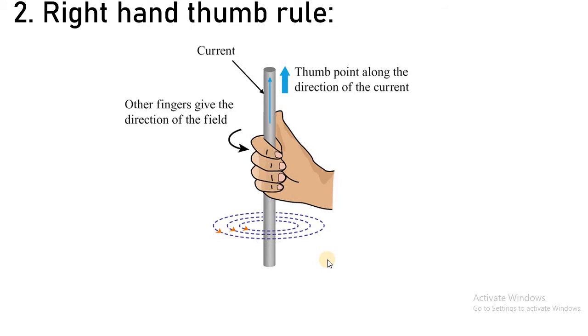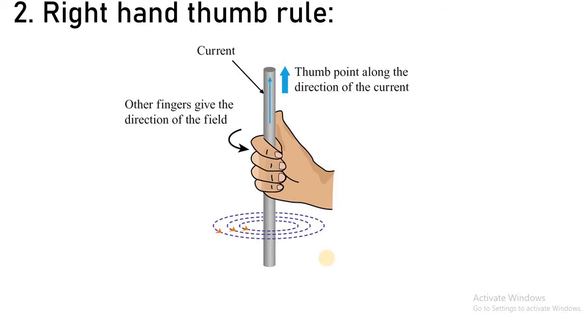You have to point your thumb in the direction of current, and you have to wrap the remaining 4 fingers in such a fashion that you see the nails of all fingers, and then that particular curve will give you the idea of the magnetic field. So if my thumb is in upward direction, in which direction are your curved fingers, clockwise or anti-clockwise?